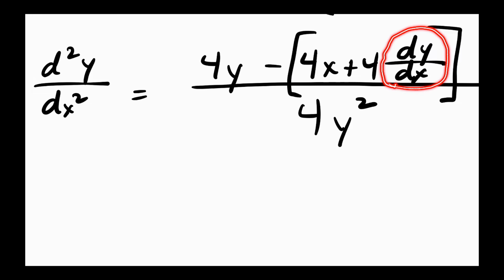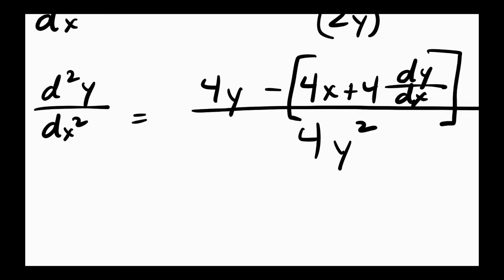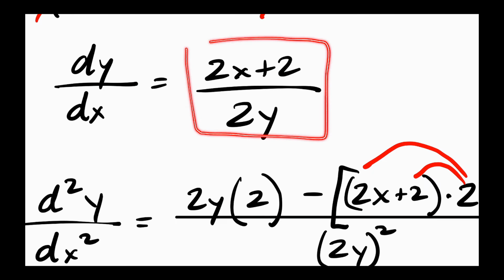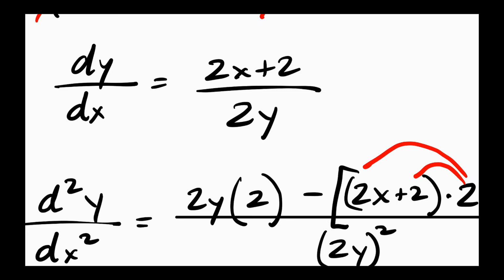Anytime we see this, we're not going to use this. We know what this is equal to. What is this equal to right here? Well, I don't want a dy dx and a d squared y dx squared. I don't want both of them.